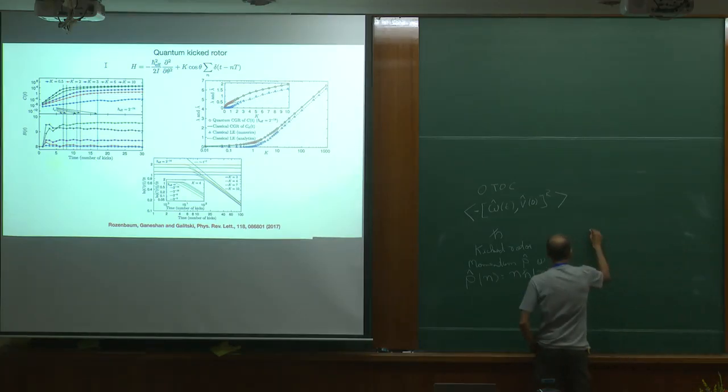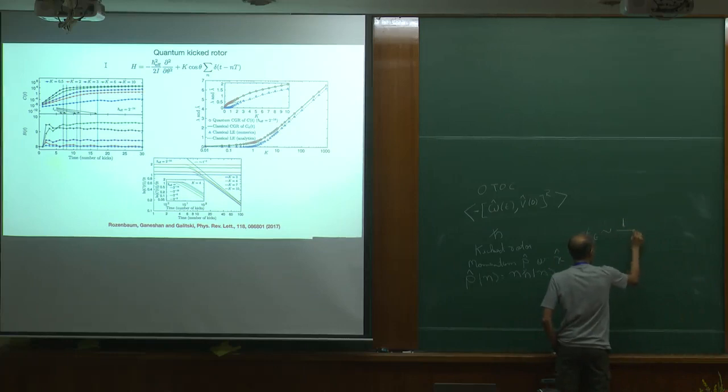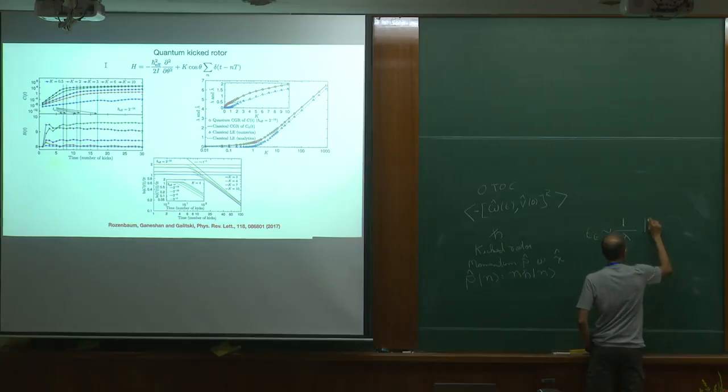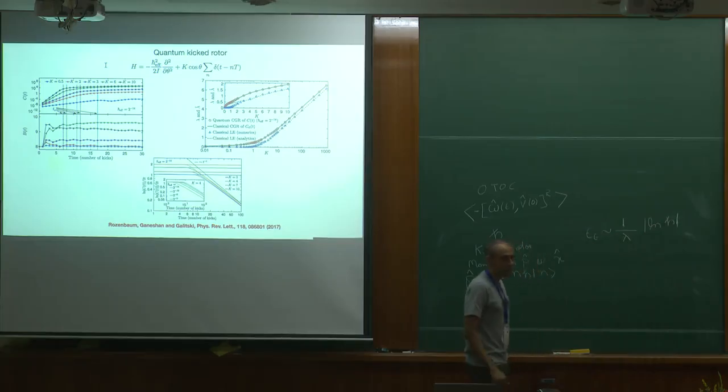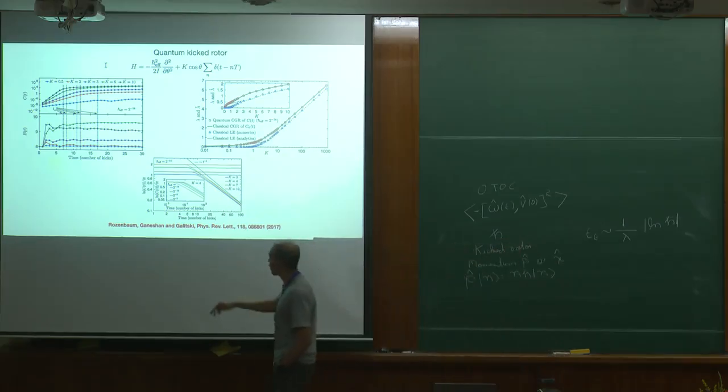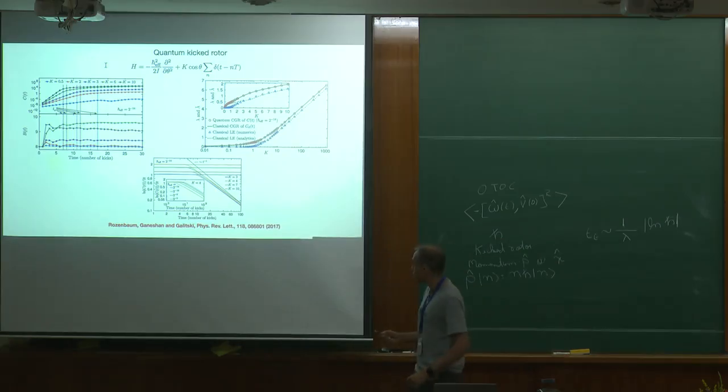And what we saw was that the Ehrenfest time scale is basically of the order of 1 over the Lyapunov exponent times the modulus of log h bar. And so in the limit that h bar goes to 0, this time scale goes to infinity. But otherwise, if you have a finite h bar, then this is a finite time scale.